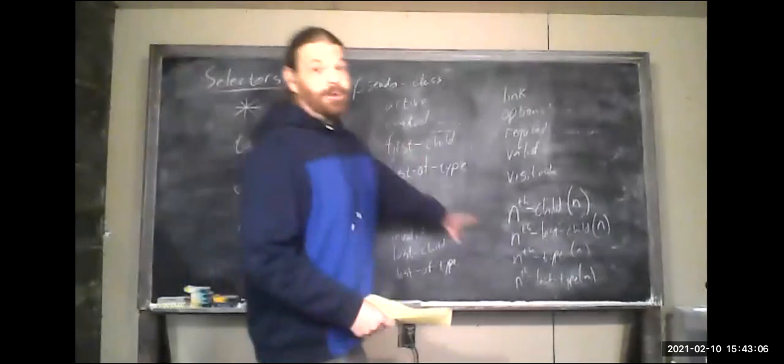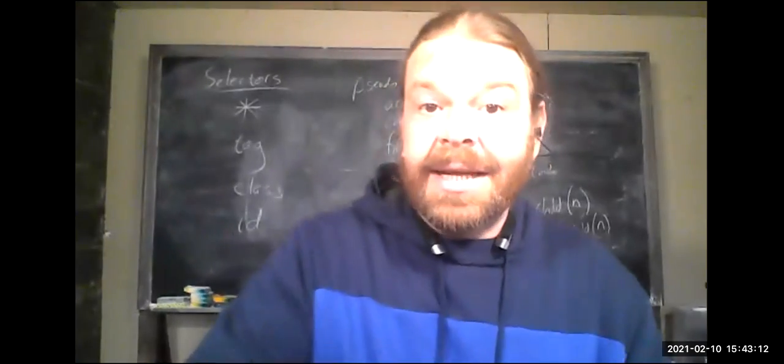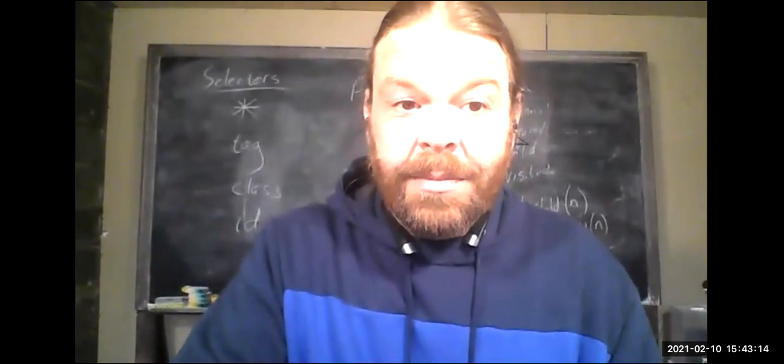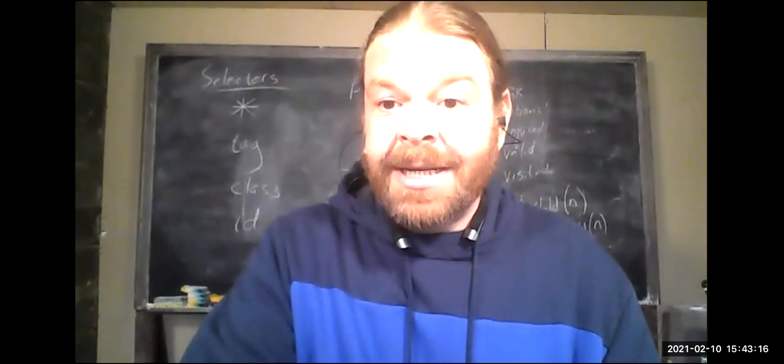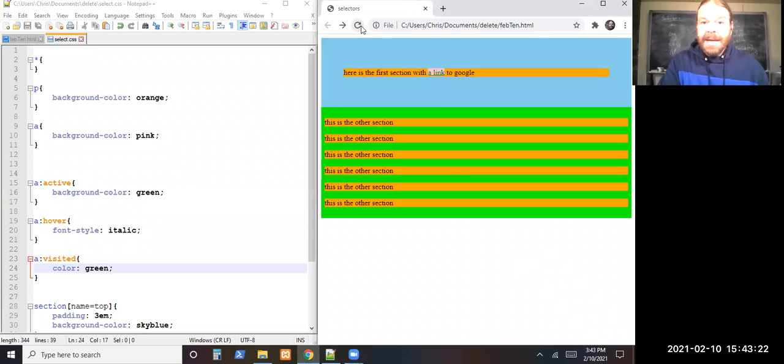I just ran out of room here. But you can see there's a lot of different ways that we can select things. We're not necessarily restricted to those names. We can select on what's happened. So I added a bunch of paragraphs here, right? So like those nth child.